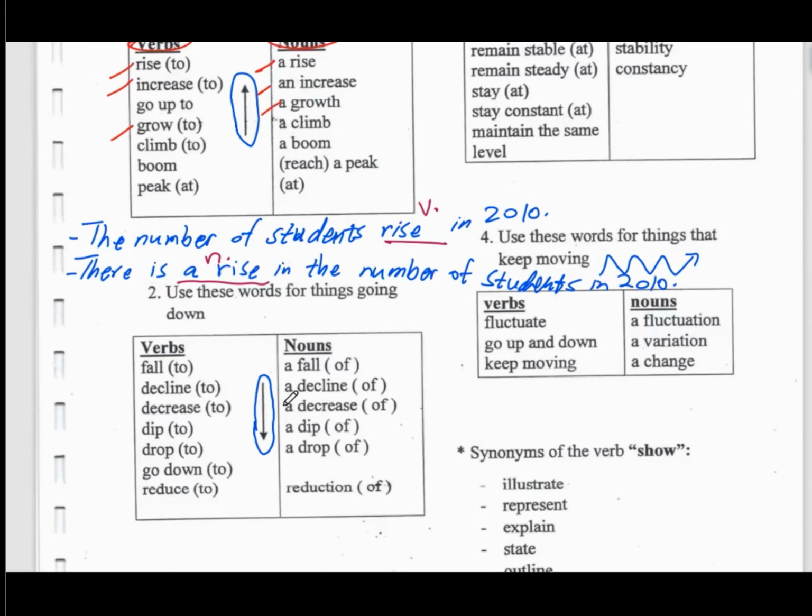So the past of rise is rose. The number of students rose, as a past. And here it should be there was a rise. Okay, there was a rise. If it is present, it should be rises and there is a rise.